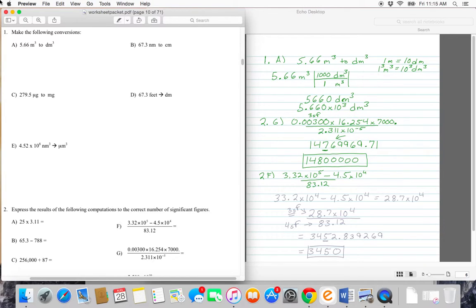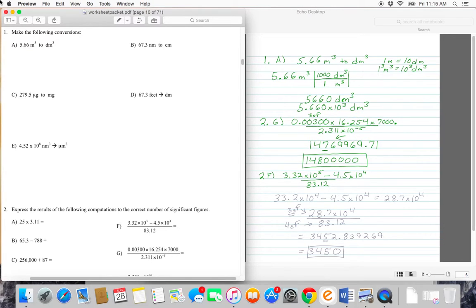And it is hard for us to do the subtraction when our exponents are not the same. So the best thing for us to do in this particular case would be to change those values so that they are the same exponent.